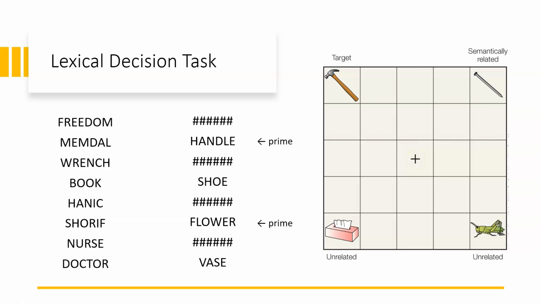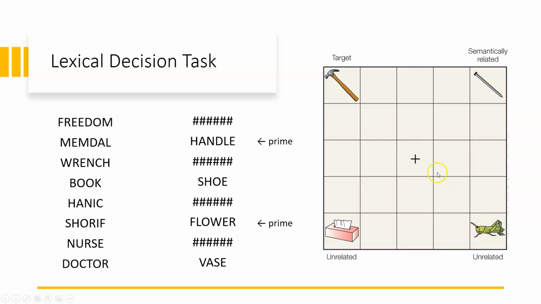The researcher will present images on the screen and say the word hammer, for instance. The participant's eye gaze is expected to look toward the hammer, but because semantically related words are also activated in the mind, you'll see that their eye gaze also is torn and looks toward the nail much more of the time than towards unrelated objects like tissues or grasshoppers.